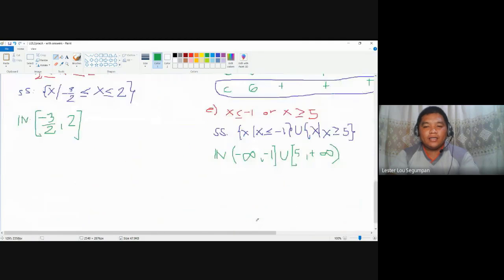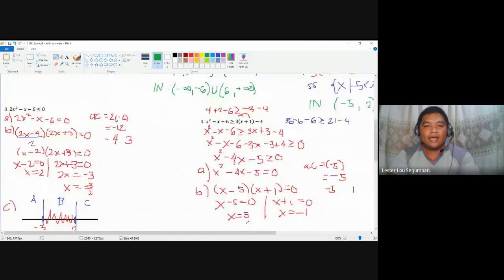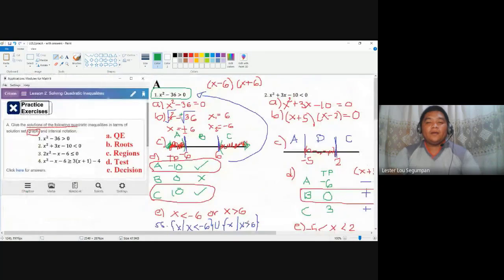But for inequality, we are having test points because we don't target only one value, but we target regions, and regions contain multiple values.